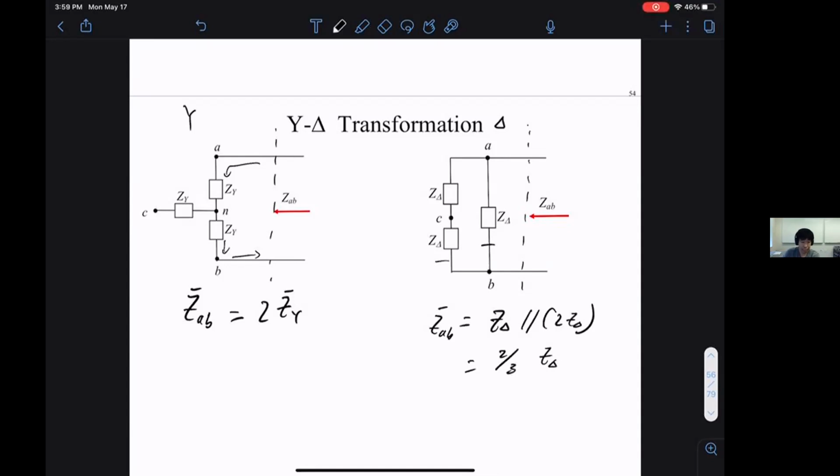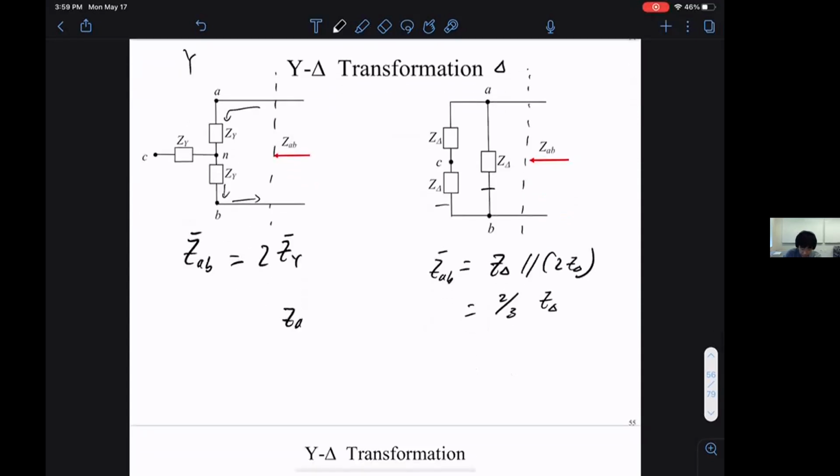If you equate these two, if these two are equal to each other, what you get is 2zy equals 2/3 Z delta, or zy is 1/3 Z delta.